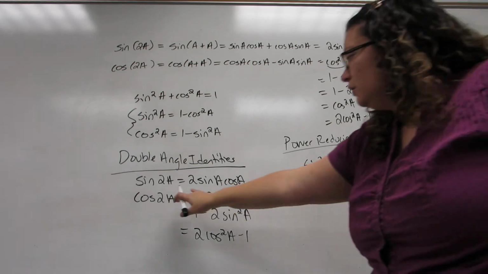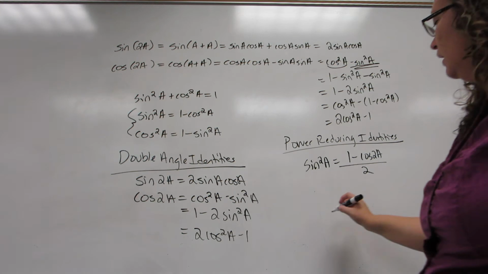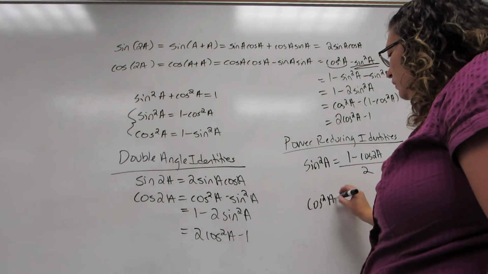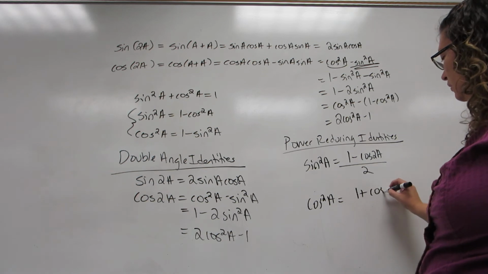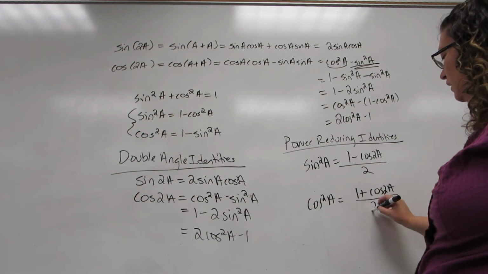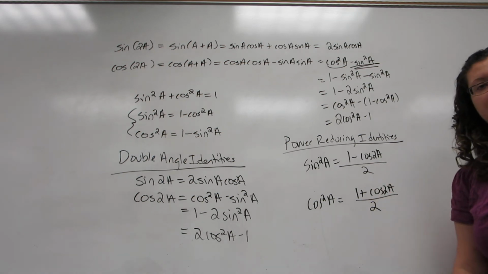And if I take cosine 2a equals 2 cosine squared minus 1, and solve for the cosine squared, I am going to get the power reducing identity for cosine. And notice that they're identical except for the plus or minus in front of the cosine 2a.